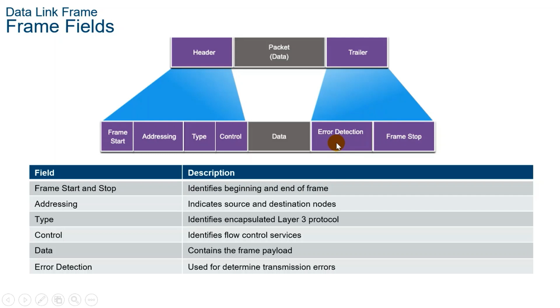Now this value is placed in the FCS, or the frame check sequence, to represent the contents of the frame. In the Ethernet trailer, the frame check sequence, or FCS, provides a method for the receiving node to determine whether the frame experienced transmission errors.